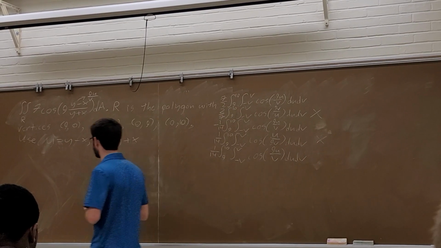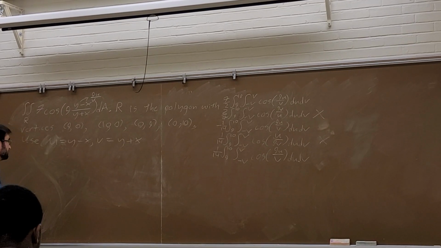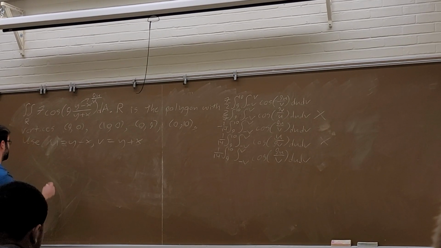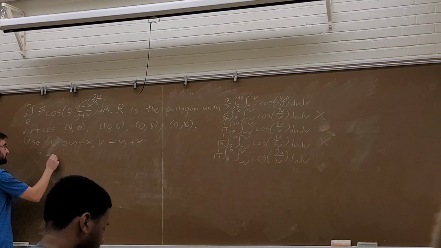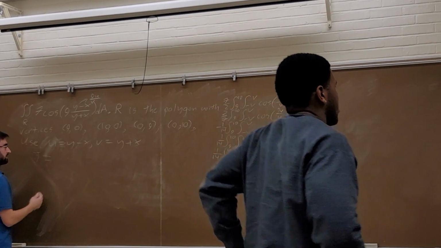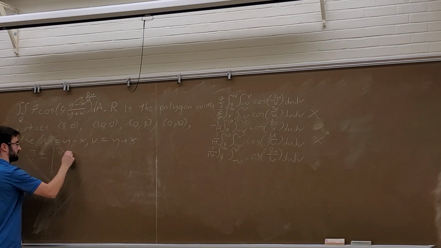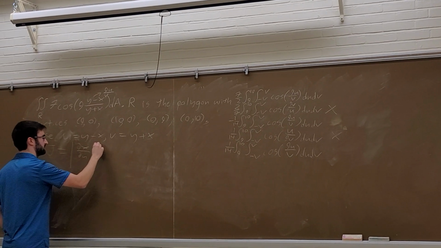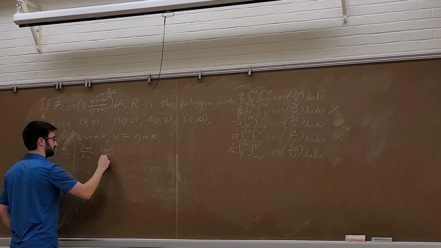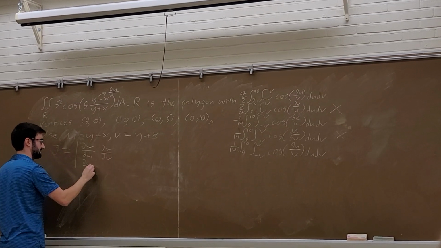So the Jacobian will be the determinant of dx du, dx dv, dy du, dy dv.